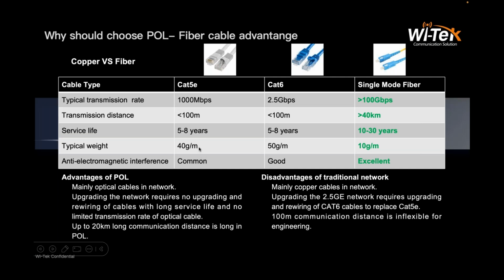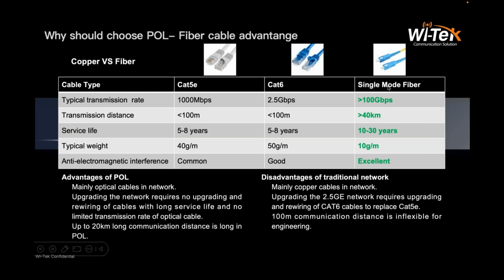Its weight is 1 meter 40 G. And if you want to reach true gigabit or above, like 2.5 G, you need Cat 6. And also the distance is a big problem, only 100 meters between two devices.